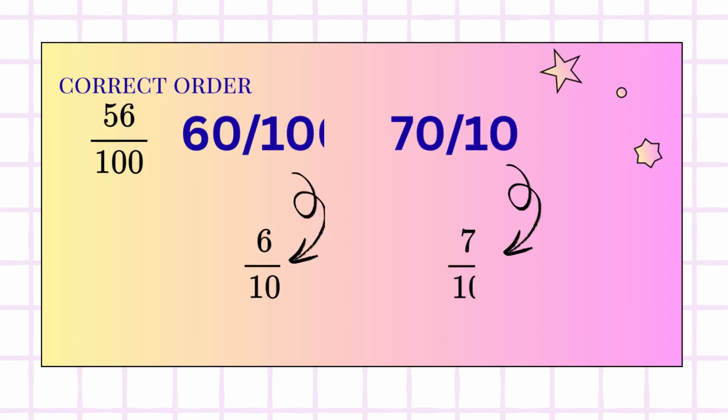When you arrange these in increasing order, the correct sequence should be 56 over 100, 60 over 100, and 70 over 100, which means the original arrangement was incorrect. The 7 over 10 should come last, not first, because it represents the largest value of the three fractions.